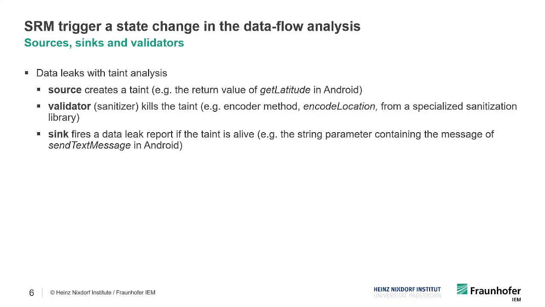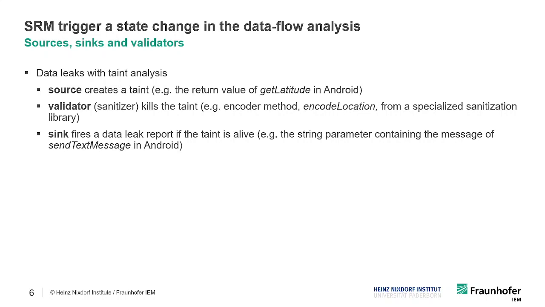This will be, for example, the return value of the get latitude call in Android. So in the Android application, when there is a call to get latitude, our taint analysis, or in this case FlowDroid, can create a taint for the return value of this method.